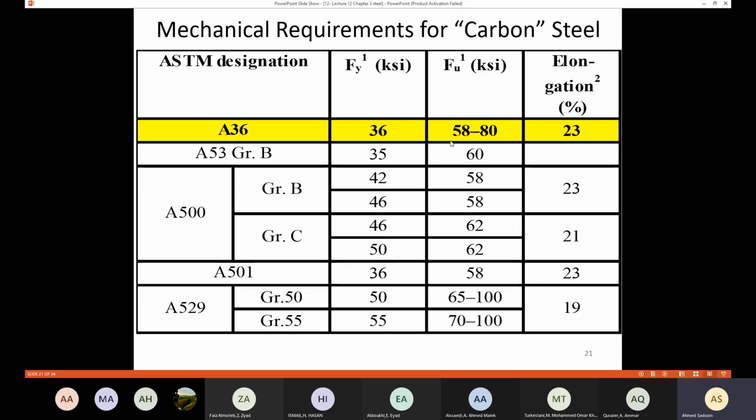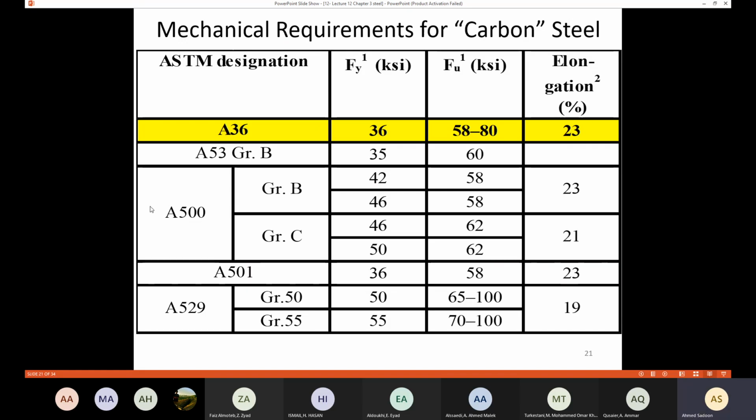It has a range between 58 to 80. So this one is the maximum strength the material can withstand. And here we have the elongation. The elongation here is 23%, which means that the final length minus the initial length over the initial length is going to give me, as a percentage, 23%.